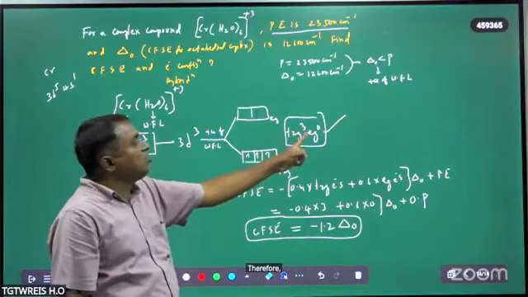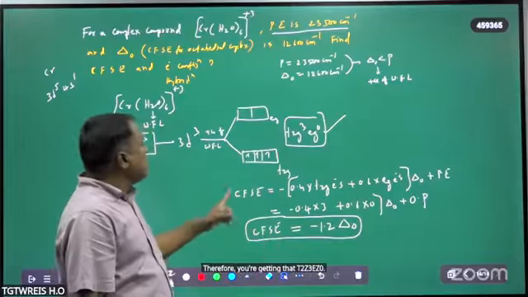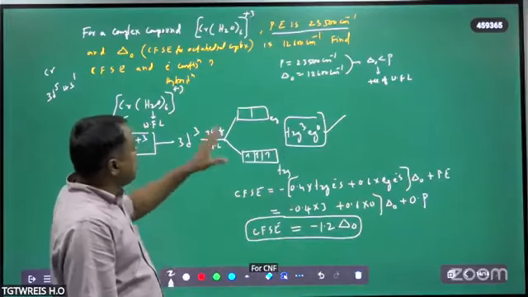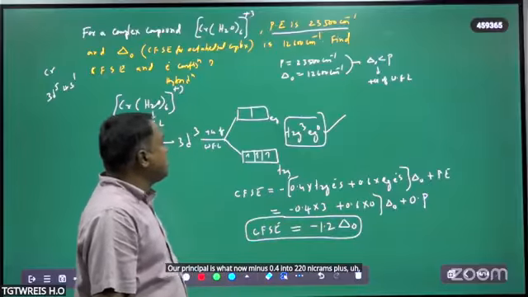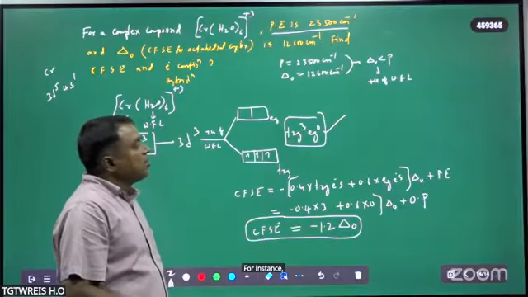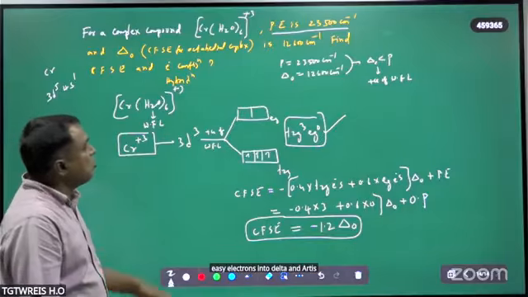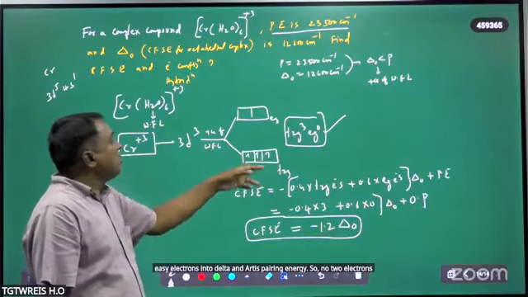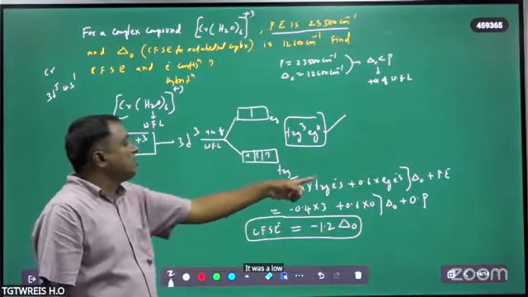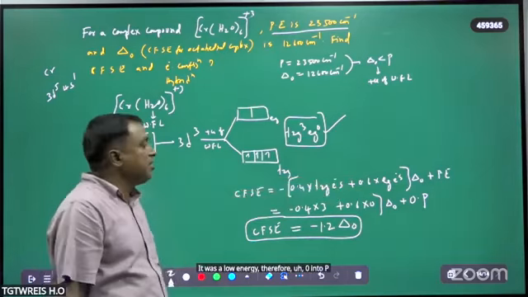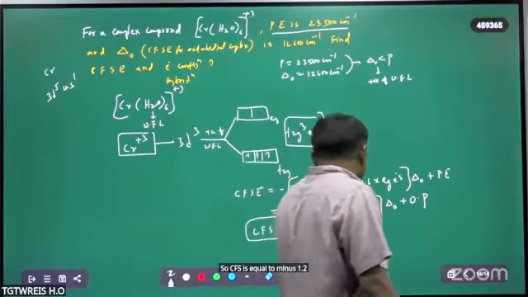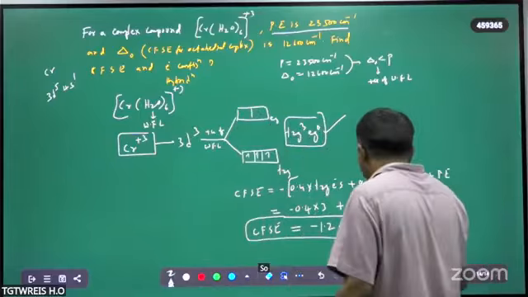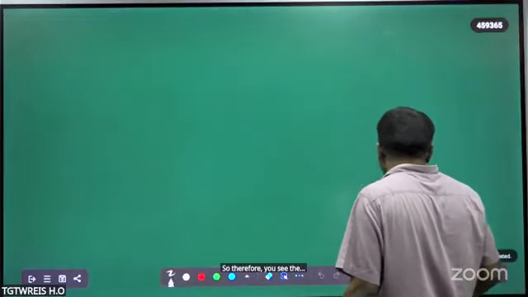Therefore, you will get t2g3 eg0. So our CFSE principle is minus 0.4 into t2g electrons plus 0.6 into eg electrons, into delta naught, plus pairing energy. There are no paired electrons in the lower energy t2g, therefore 0 into P. So CFSE is equal to minus 1.2 delta naught. So this is the one question.